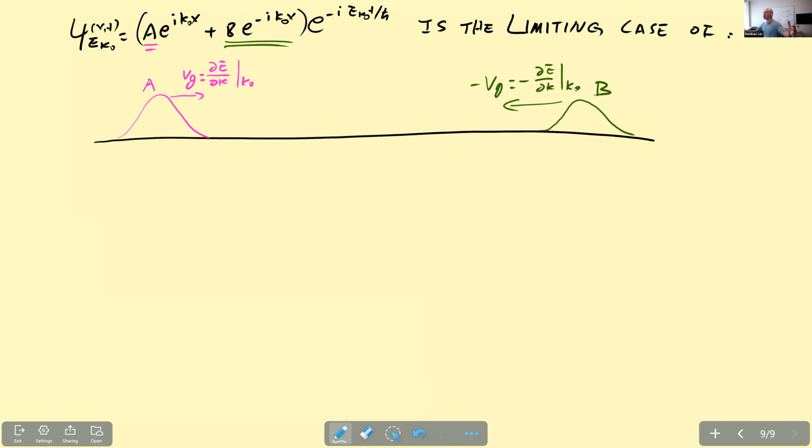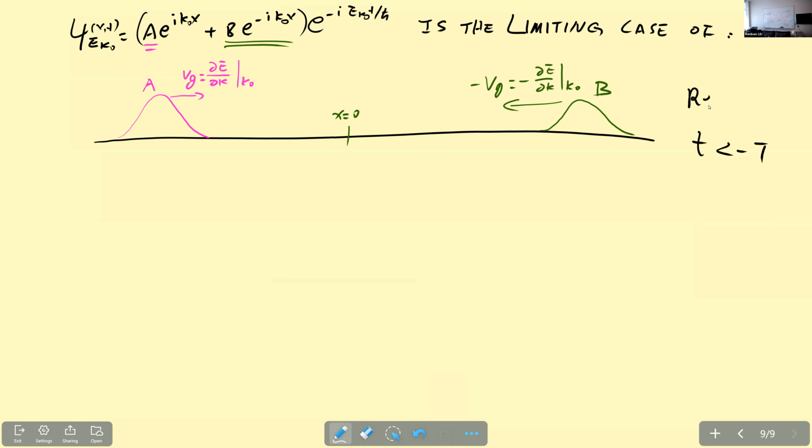Okay. So you have two wave packets in the beginning, one propagating from the left to the center, another from the right to the center. So this is the center, x equals 0. Okay, so that's for t equals the remote past.